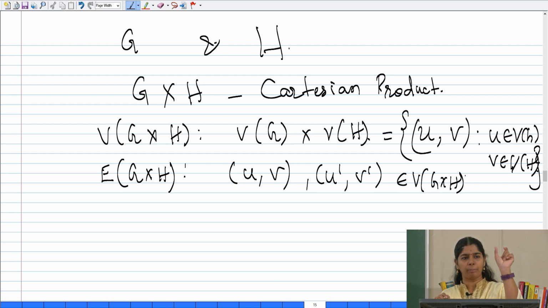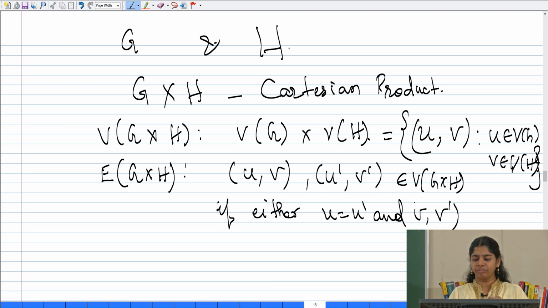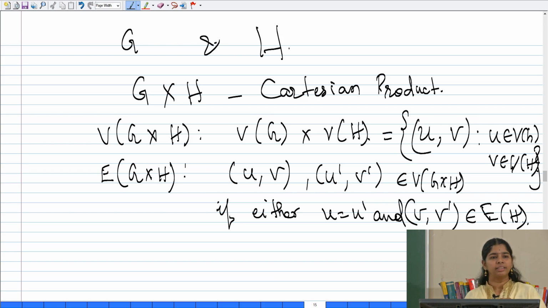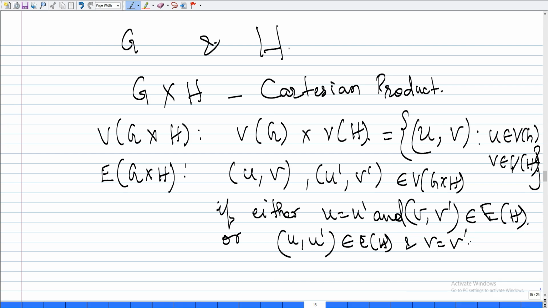Now, each vertex is a pair, right, each vertex is a two tuple. So, an edge exists if either u is equal to u' and v is adjacent to v', that is, (v, v') belongs to the edge set E of H, or (u, u') belongs to the edge set E of G and v is equal to v', right. So, this is the condition that we put.